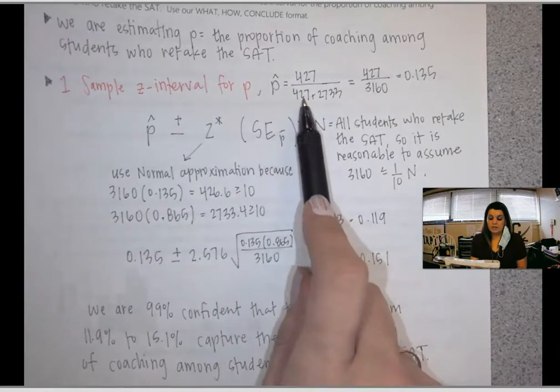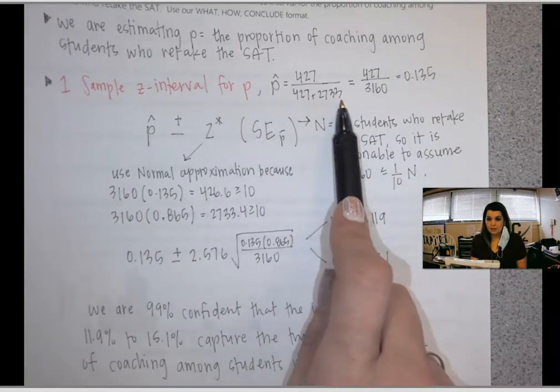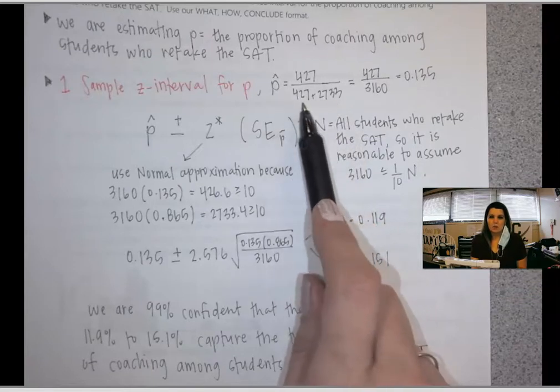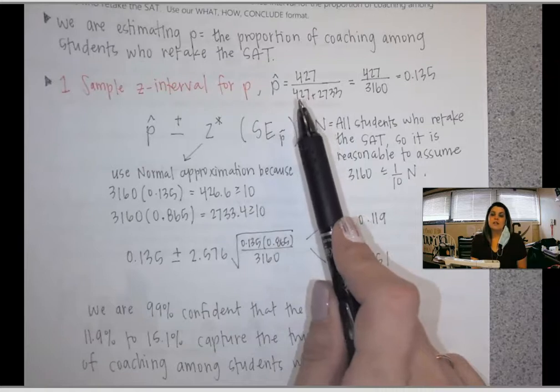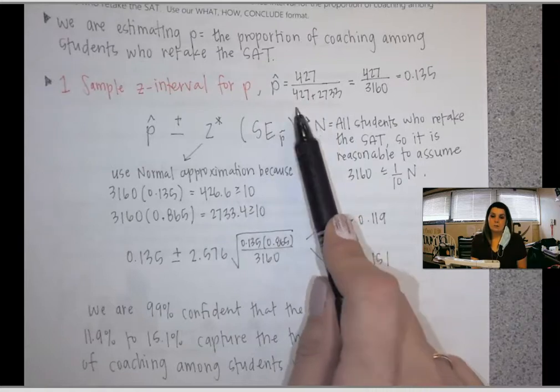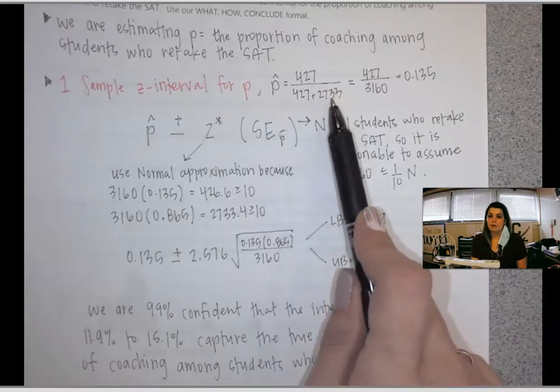They worded it so that they told you how many needed tutoring and how many did not. Well, maybe needed's the wrong word. They gave you the numbers as the amount of students that participated in coaching and the amount of students that did not participate in coaching.